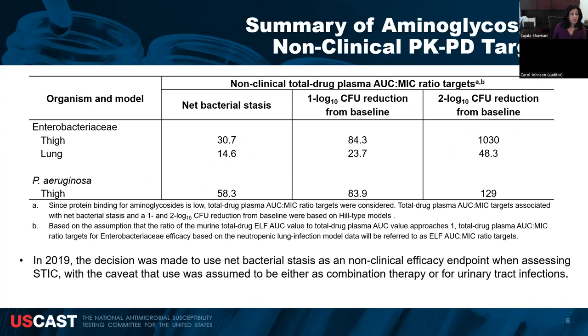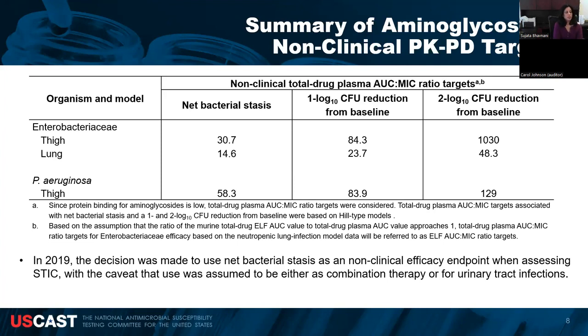For 1 log, it was 84.3 for thigh, and for the lung, 23.7. And 2 log, you can see how high they got for Enterobacteriaceae, and frankly, there probably isn't enough data in that range to be as precise as we'd want. That's an endpoint that's probably beyond what we need, and we're going to talk about why I say that in a minute.